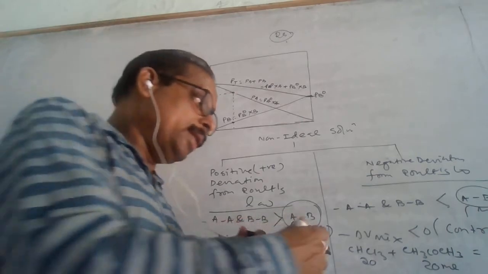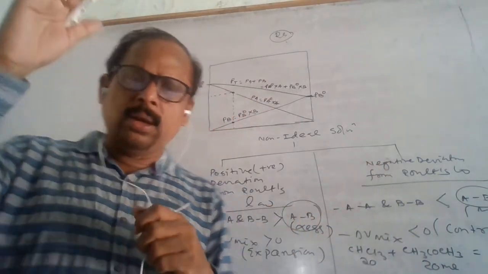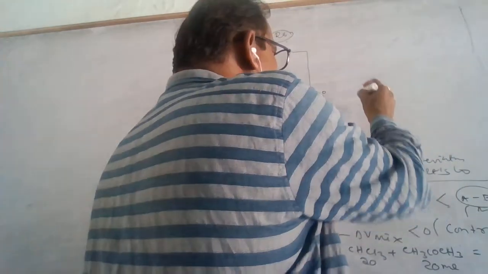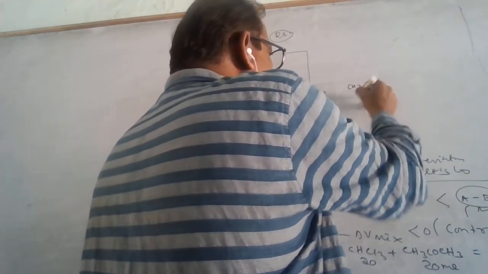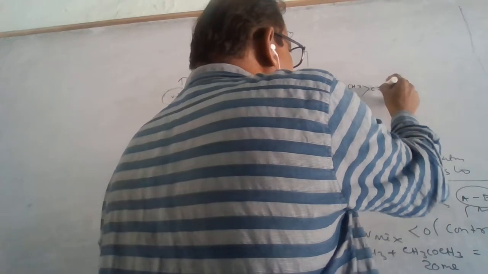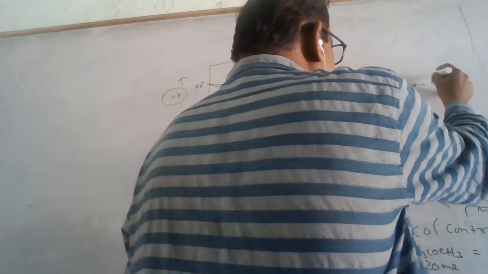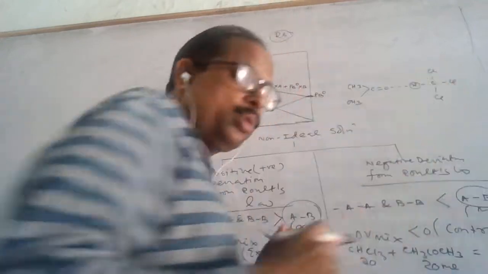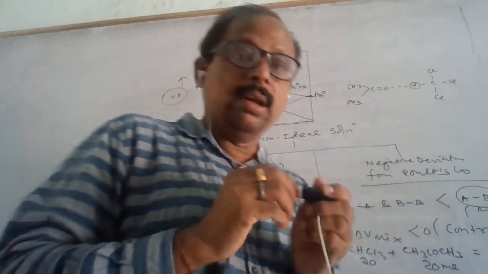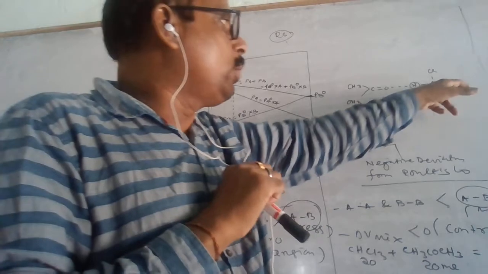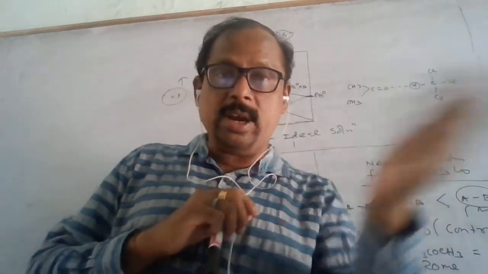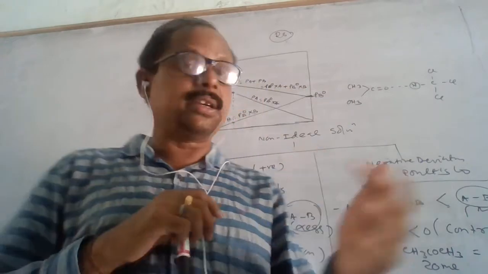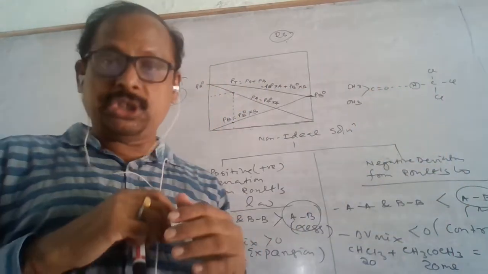The volume will contract, because in this case hydrogen bonding will develop. Let me explain. This is the chloroform molecule. Though this hydrogen atom is not normally able to form hydrogen bonding, because the three chlorine atoms are attracting strongly, this hydrogen develops an electropositive character and makes hydrogen bonding with oxygen.